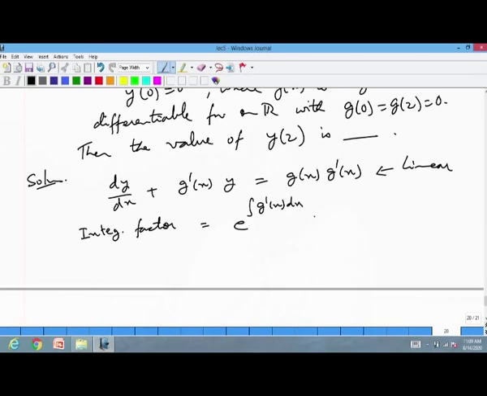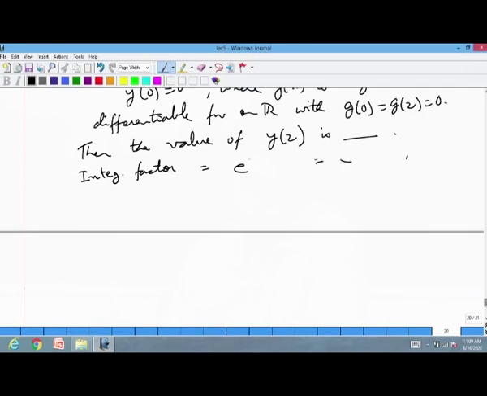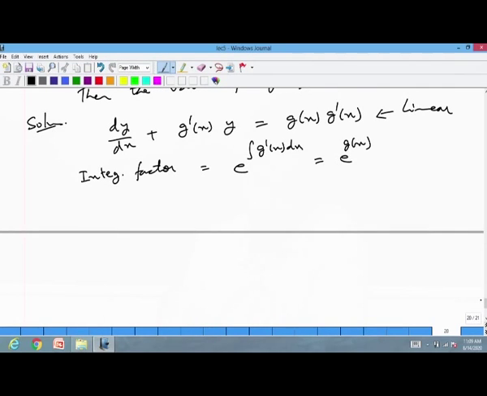So, this is equal to e to the g x. So, e to the g x is an integrating factor here, and we multiply by e to the g x and we get y times e to the g x equal to integral of e to the g x times the right hand side, g x times g prime x, dx.